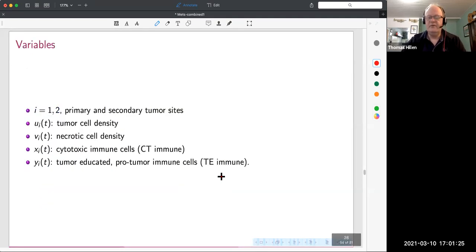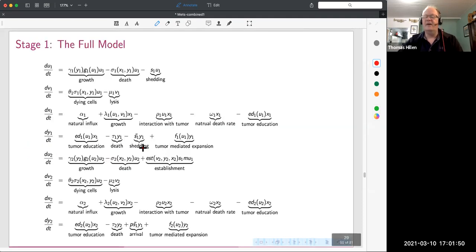Okay, let me first show you the 8 ODE model. We have 2 compartments, primary and secondary. U_i is the tumor cell density, V_i is the necrotic cell density, X_i are the cytotoxic immune cells, so those which kill the cancer, and Y_i are the tumor-educated pro-tumor immune cells. So you get a system of 8 ODEs, and all these terms have meaning.